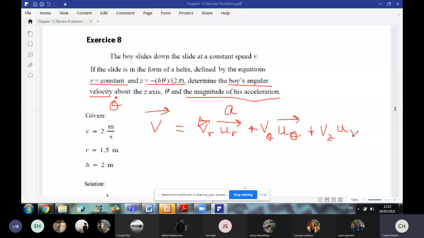So here we have that v_r is defined as dr over dt, and since r is a constant, then dr by dt will be 0. So in this problem, there is no component of velocity along the radial direction, since r is constant. Now, concerning v_theta, it is calculated by r theta dot.